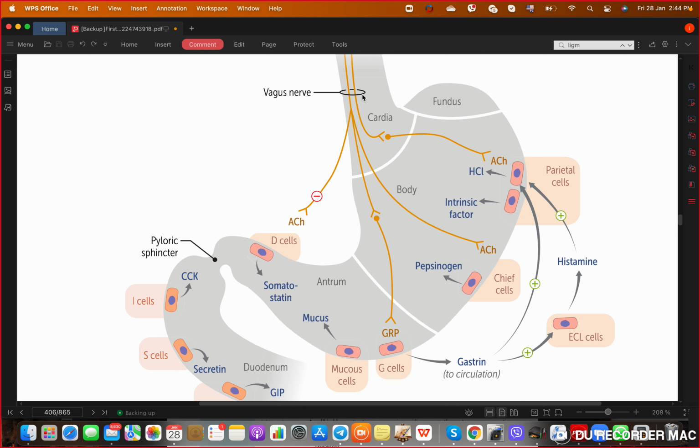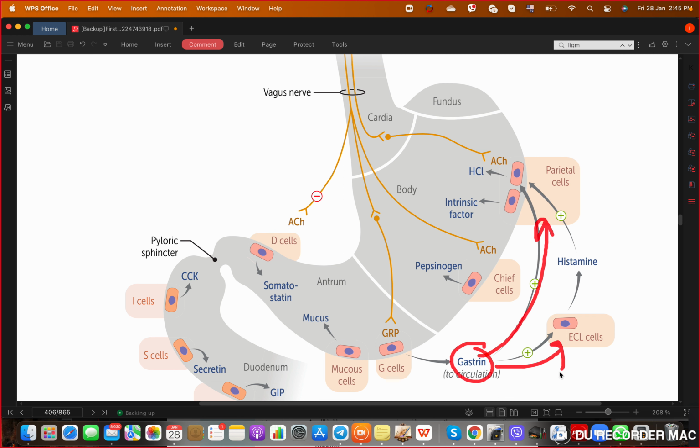Also, the vagus nerve can work directly on the parietal cells to produce HCl. It can also work directly on the G cells making gastrin, so the gastrin can lead to HCl production.